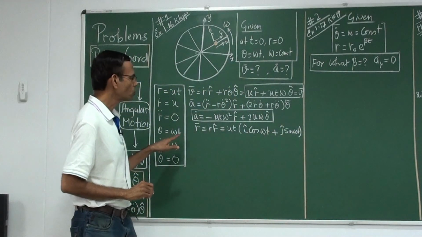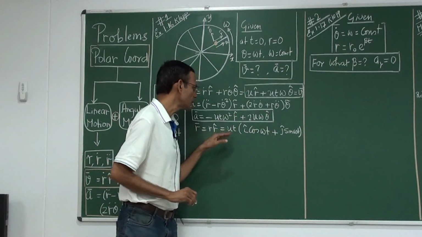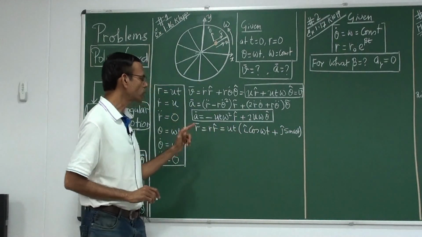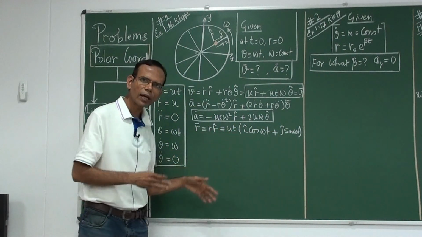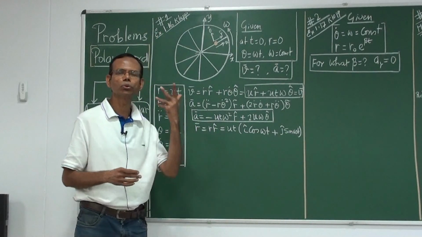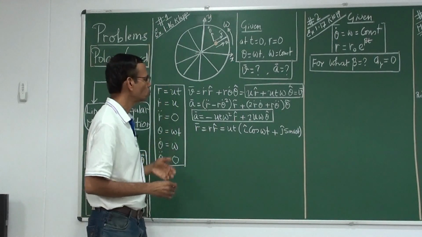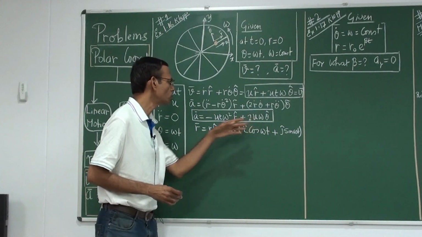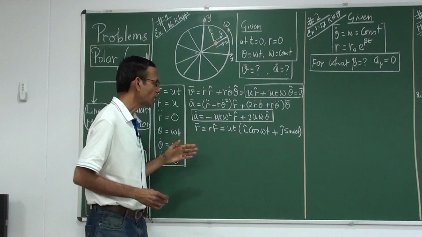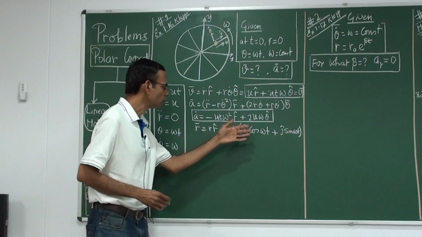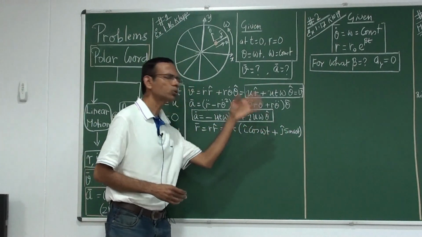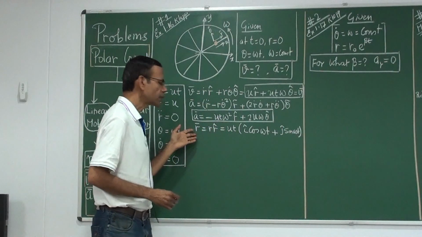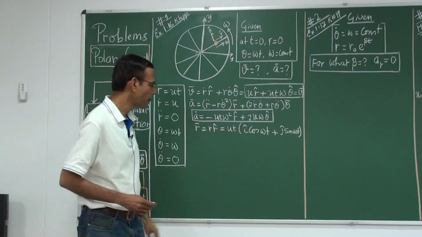Now, the moment you write it in terms of omega t, you take any values of t from 0 to whatever values you want. At 0 it will start from the origin, and for the values you take, you will get the position vector.